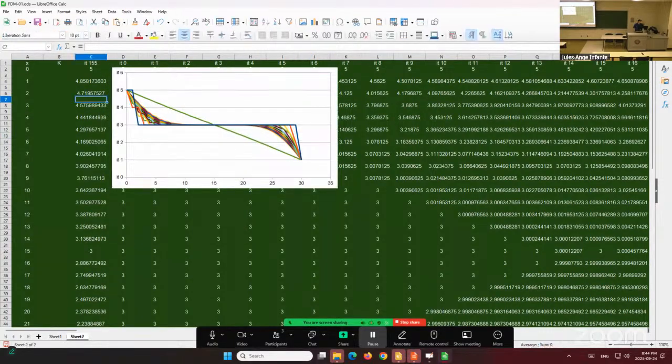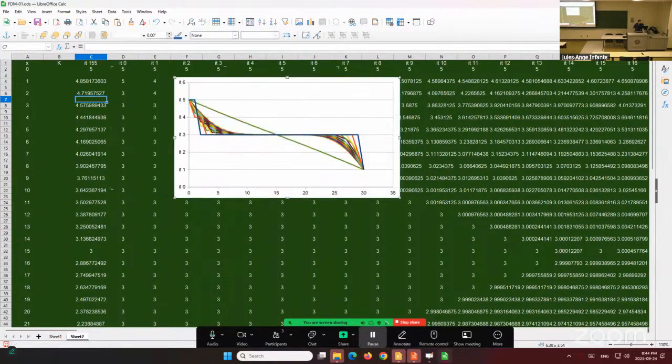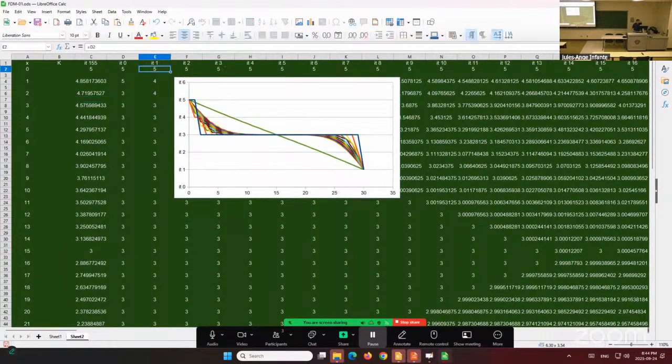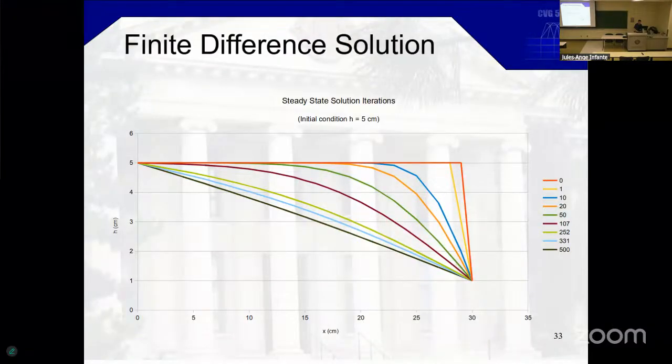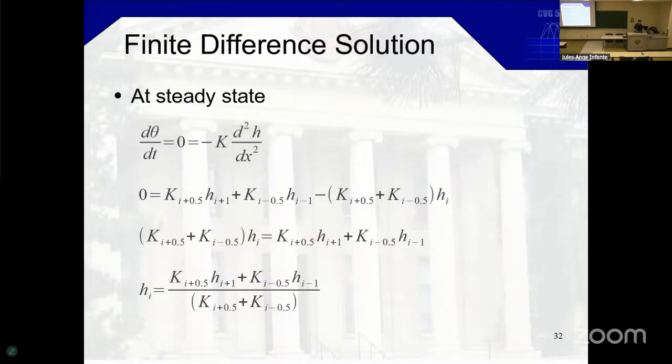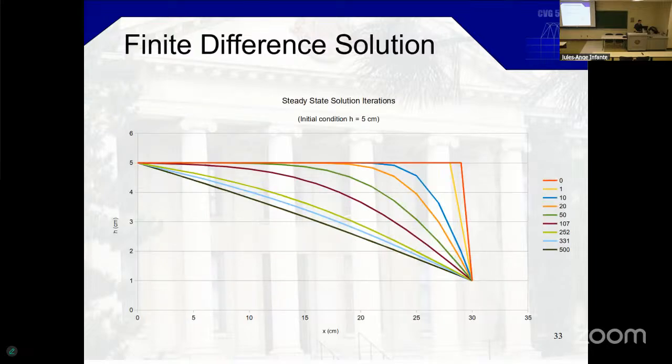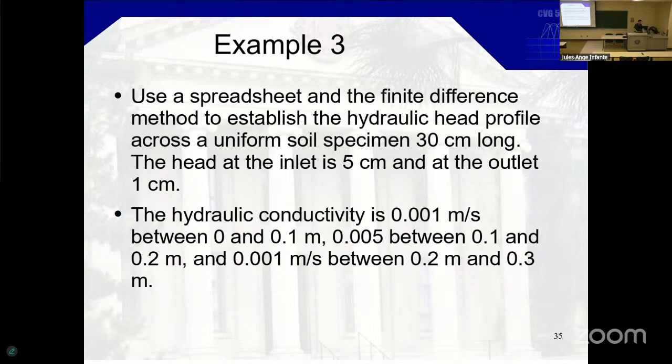And so let's find K. So what's the example that we're giving?